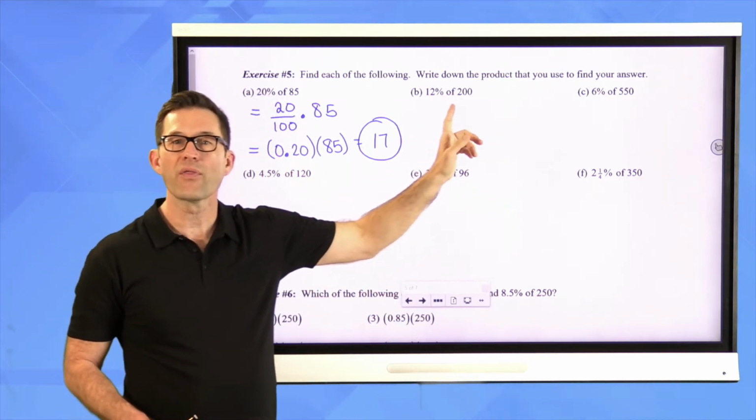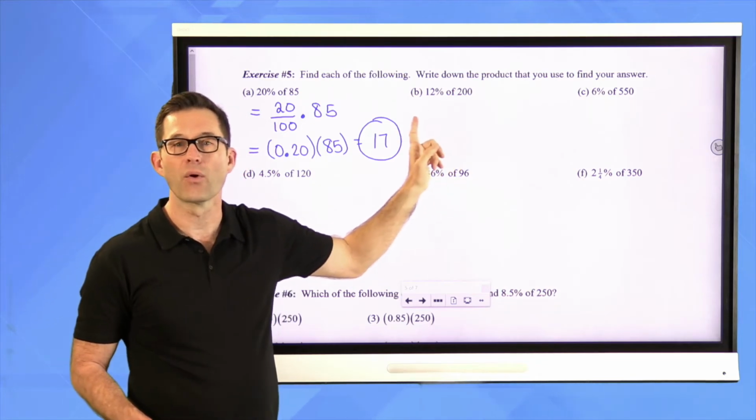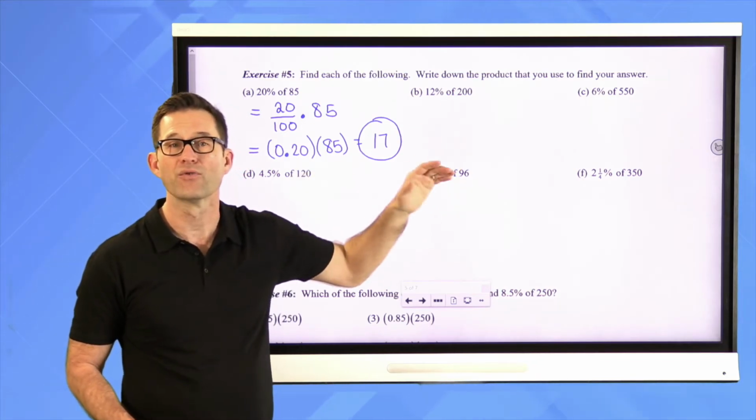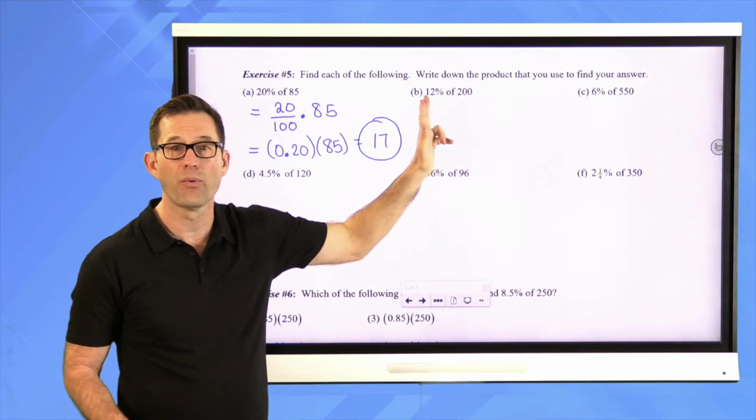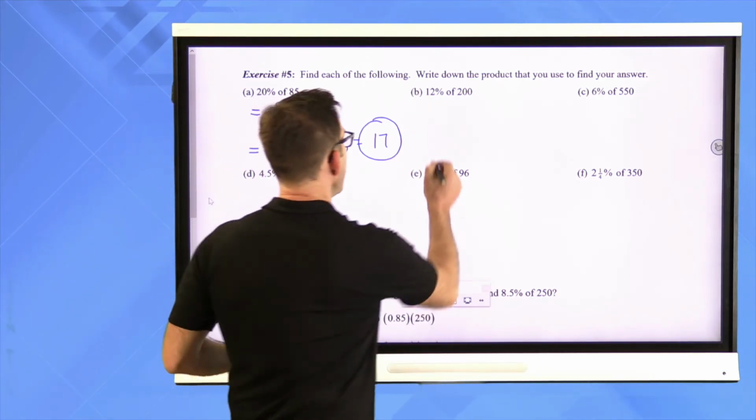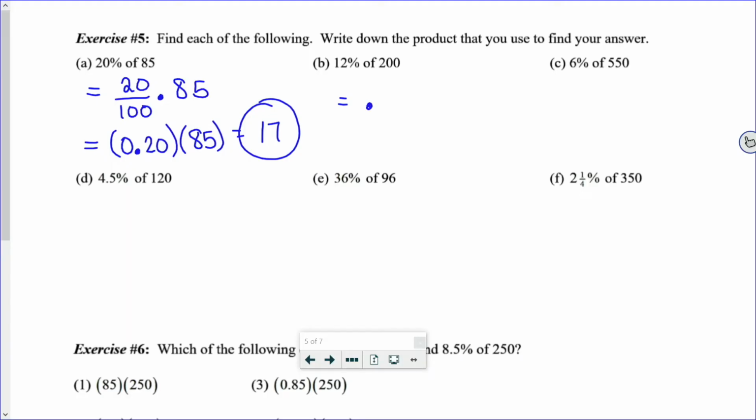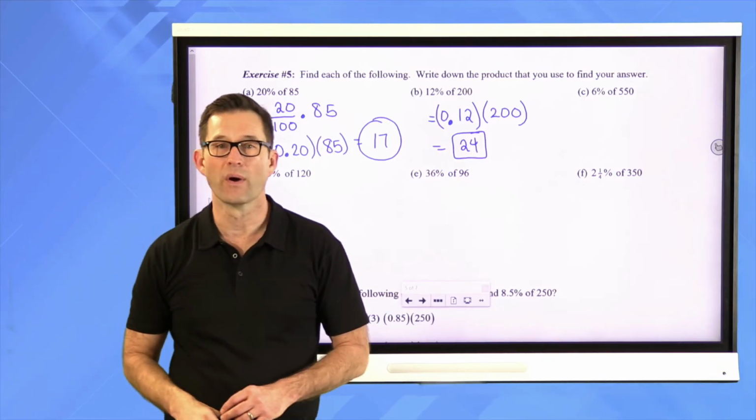Now, what is 12 divided by 100? I just move that decimal point 2 places to the left, and 12% of 200 will be 0.12 times 200. Without a calculator, I think I can do that. That's going to be 24. 12% of 200 is 24.